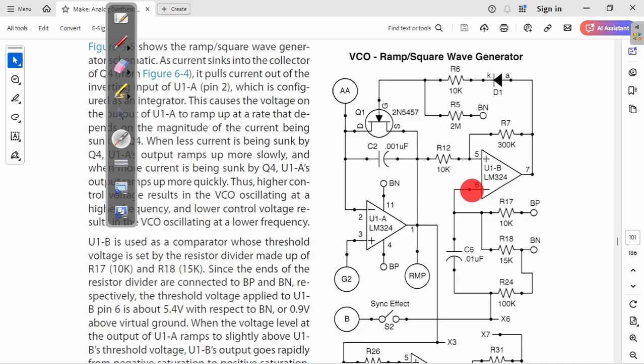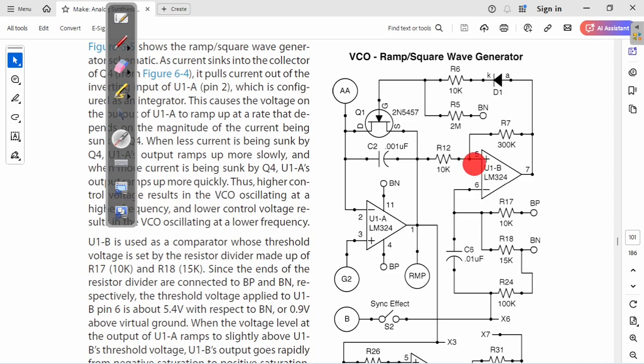And here you have the threshold voltage at the inverting input, and it's just a voltage divider between BP and BN. So you have 10K, 15K, and here you get, it's even written here, 5.4 volts. So that's your threshold.